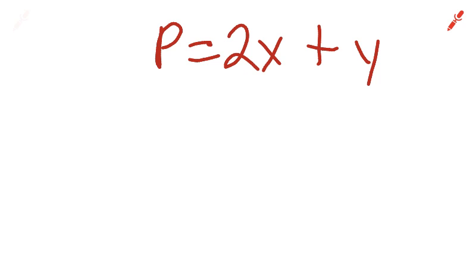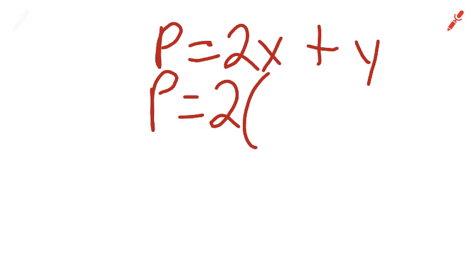And if we go back to the first slide of the presentation, the perimeter equals 2x plus y. Now we already have x and y. Now we just have to plug it into this formula and we'll get the perimeter.